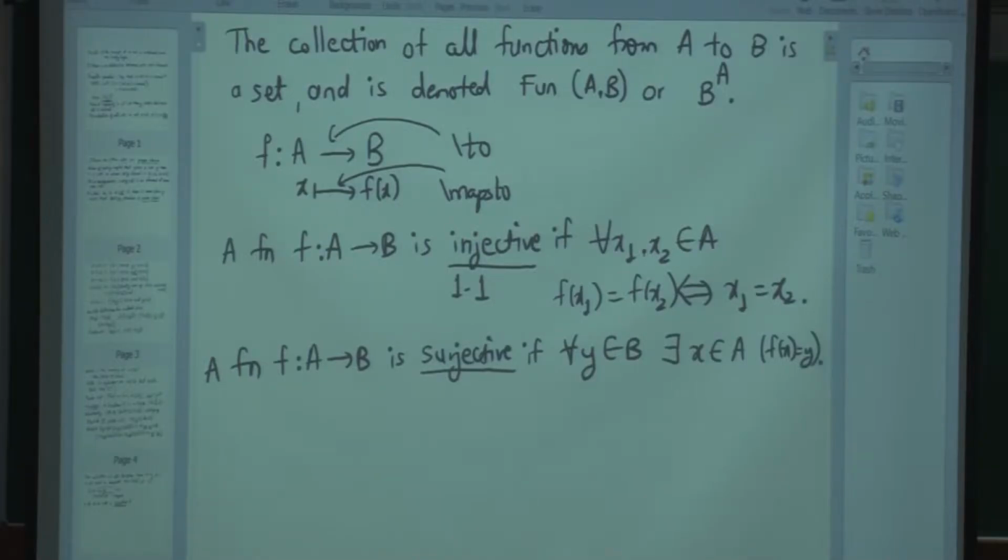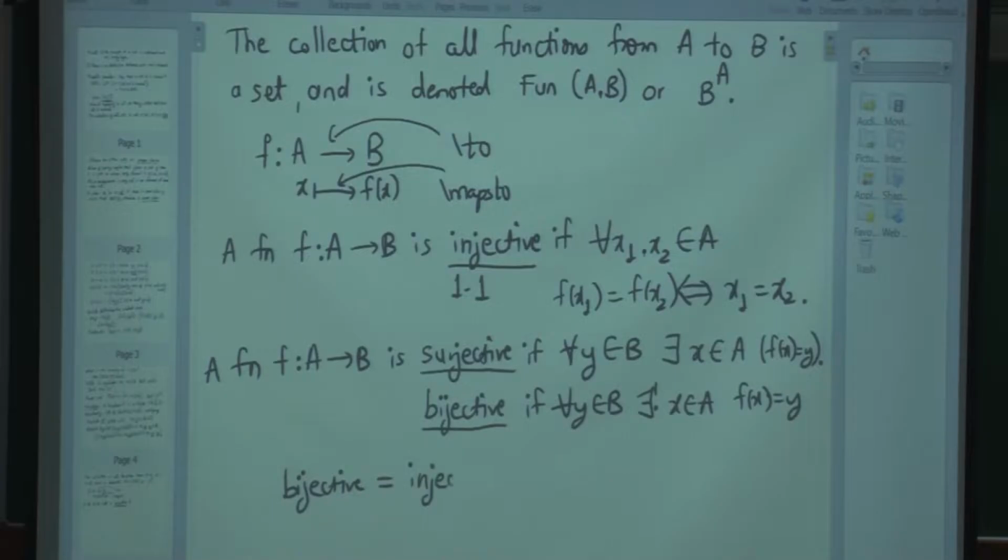Very good. Oh, you are not answering because the answer is too easy. Sometimes you don't answer because it's too difficult. And what about bijective? Both the conditions. If for all y in B, there exists a unique x in A such that f(x) is equal to y. So bijective is clearly injective plus surjective.